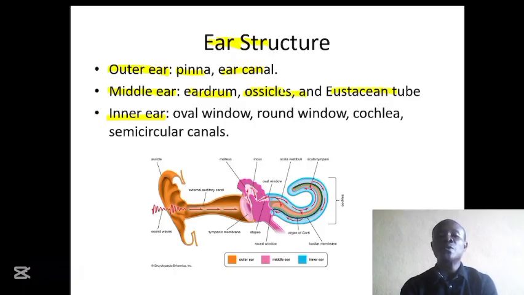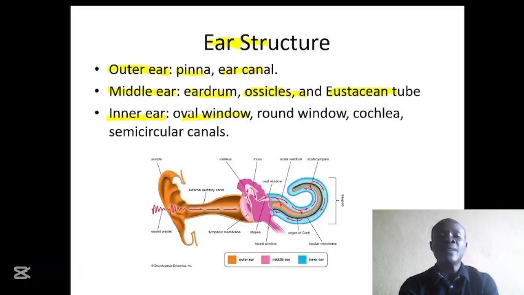These three bones that make up the ossicles vibrate and transmit the sound wave to the oval window of the inner ear. The eustachian tube helps to equalize the ear pressure between the two ears.